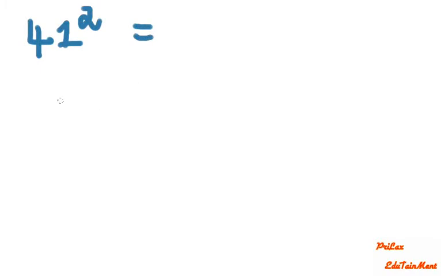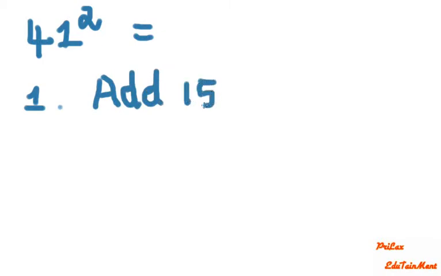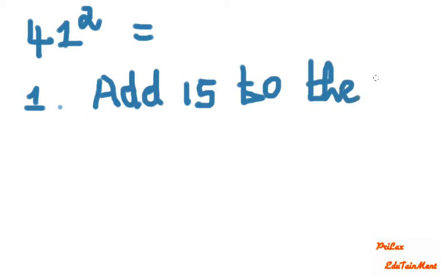So what is the step 1? Just remember to add the number 15 to the unit digit of the given number to be squared. The given number is 41.